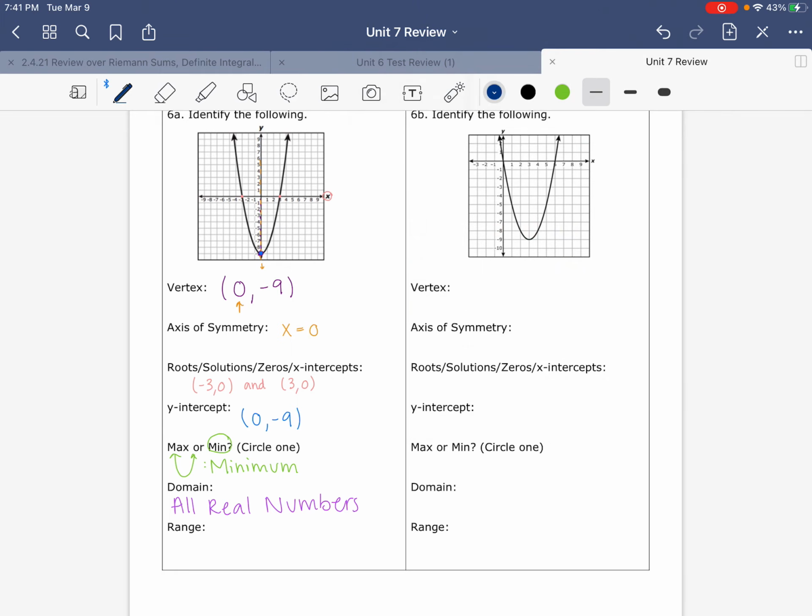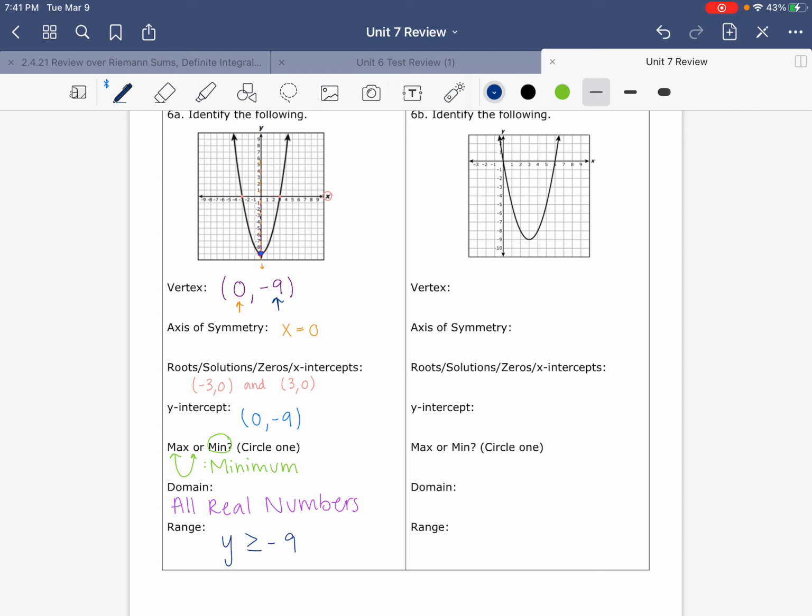And then last we have our range. We know range is going to be a y. And we know range is going to use the y of our vertex. So it's going to have a -9. Then we just have to look and see, is every y value greater than -9 or is every y value less than -9? And all of them are greater than, since it's going up like that.